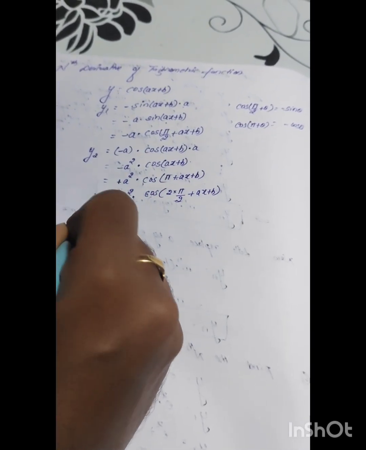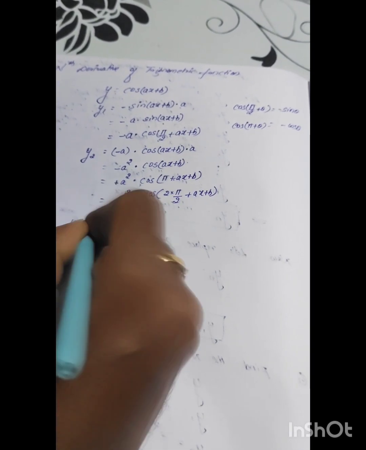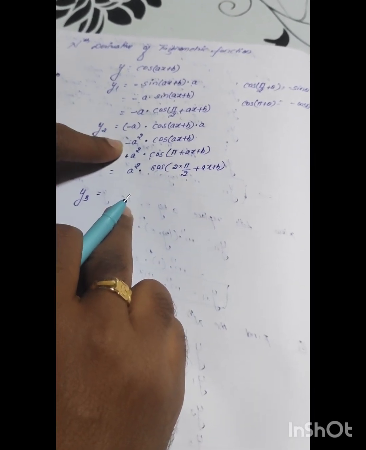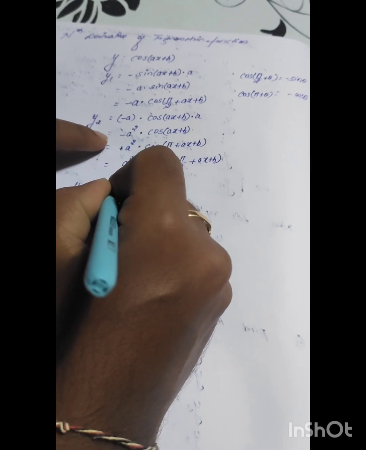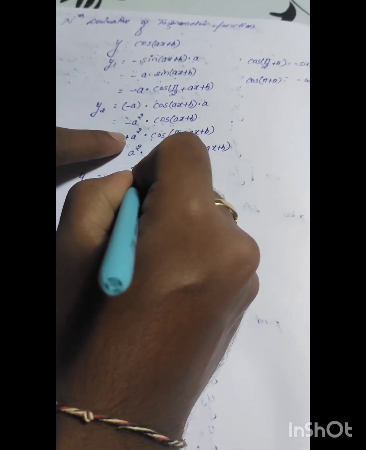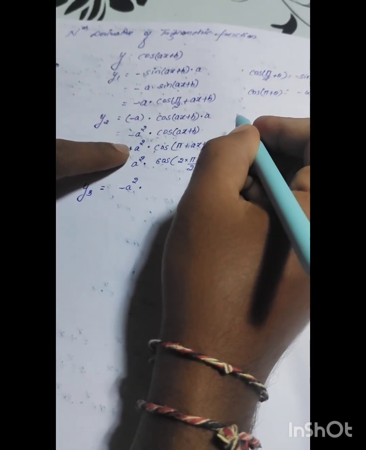So we will get y3. When I go for y3, I have minus a square here as it is. This I am going to differentiate, I am not taking this pi by 2 thing. Minus a square into cos of ax plus b.